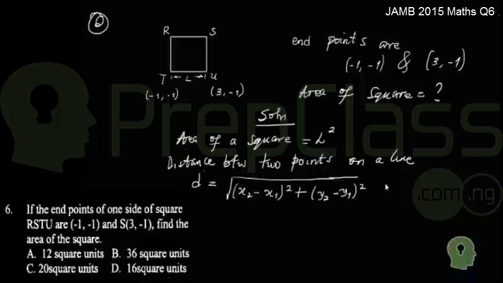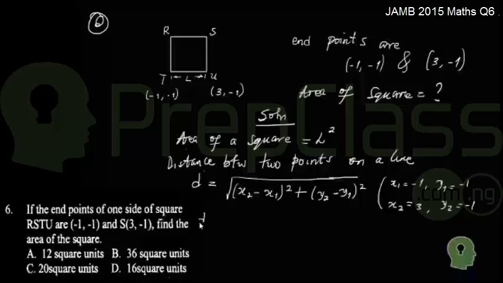Now looking at the ordinates given to us, we could decide to say x1 could be equals to -1 and y1 could be equals to -1. This next set of points, the first point there is usually denoted as your x, now the next point is denoted as your y. So we could have x2 is equals to 3 and y2 is equals to -1.